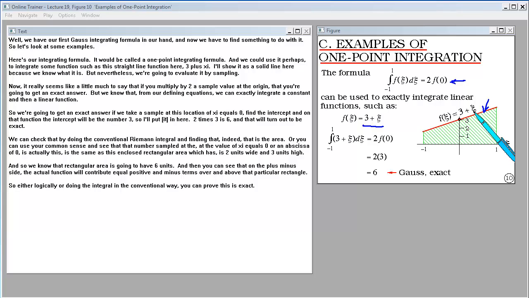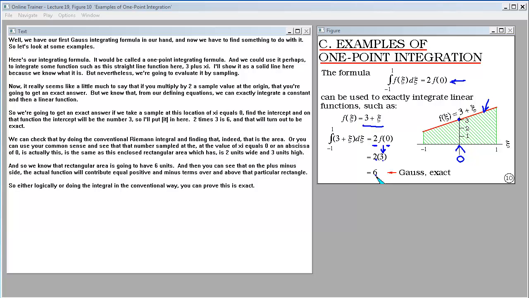Now, it really seems like a little much to say that if you multiply by 2 a sample value at the origin, that you're going to get an exact answer. But we know that from our defining equations we can exactly integrate a constant and then a linear function. So we're going to get an exact answer if we take a sample at this location of c equals 0, find the intercept, and on that function the intercept will be the number 3. So I'll put in here 2 times 3 is 6, and that will turn out to be exact.